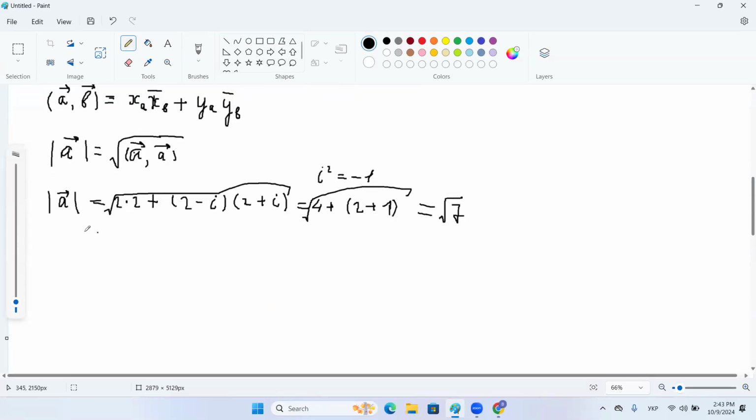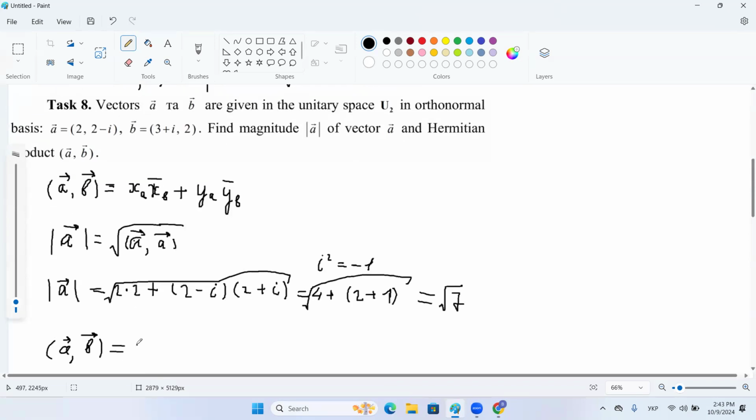Okay. Now we need to multiply A by B. How to do it? So 2 multiplied by 3 minus I, because we change the sign of the imaginary part of the B vector, plus 2 minus I multiplied by 2.